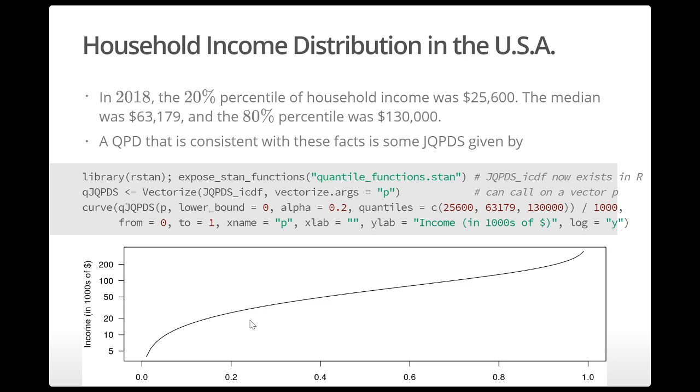So you can see again, if you go 0.2 up to here and then across, that is going to be exactly 25,600. And the same with the median, the same with the 80th percentile. So we have an increasing function that runs through our 3 points, but in this case we just have the bound from one side rather than both.